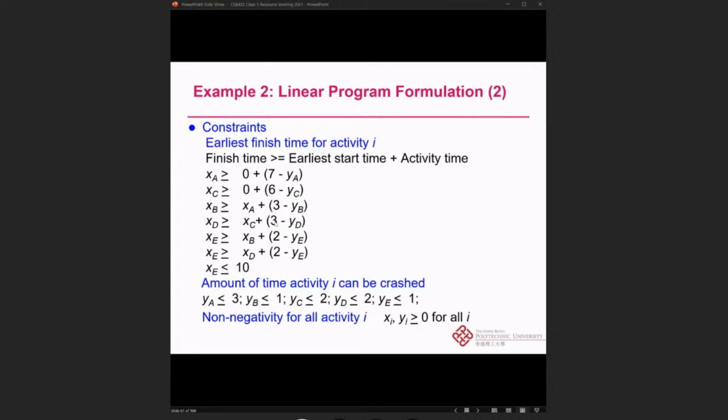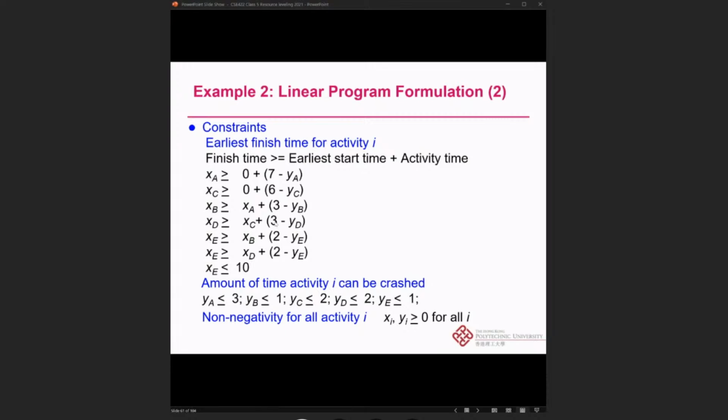Then we have to put in the constraint for the earliest finish time for activity I. The finish time should be larger or equal to the earliest start time plus the activity time. So for this network, we have XA larger or equal to 0 because it starts at 0, plus the bracket of 7 minus YA, and XC should be larger or equal to 0 plus the bracket of 6 minus YC, and XB should be larger or equal to XA plus the bracket of 3 minus YB, and XD should be larger or equal to XC plus the bracket of 3 minus YD.